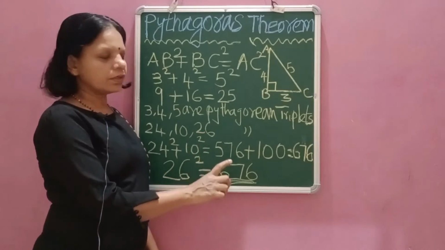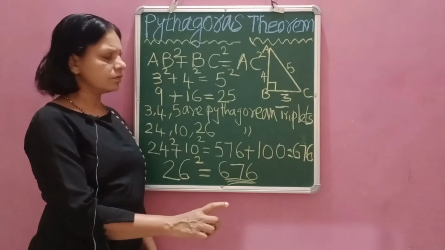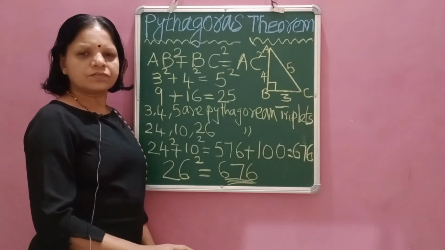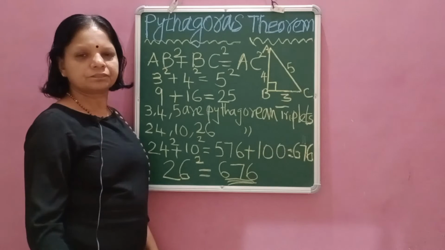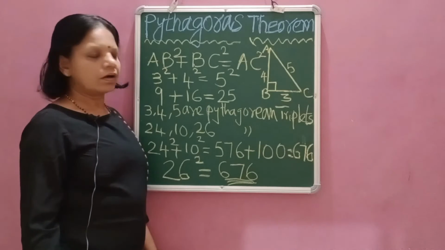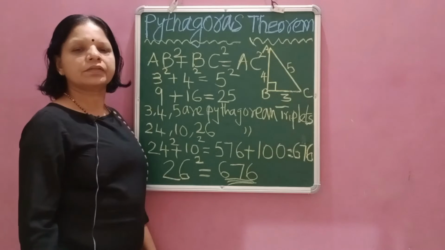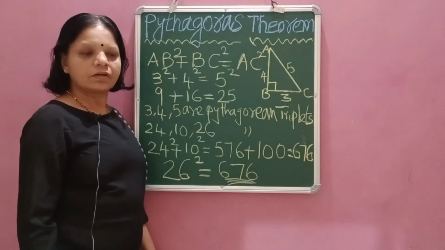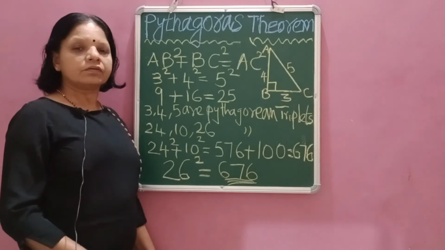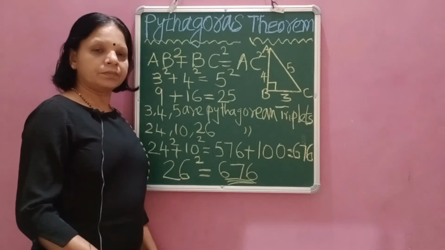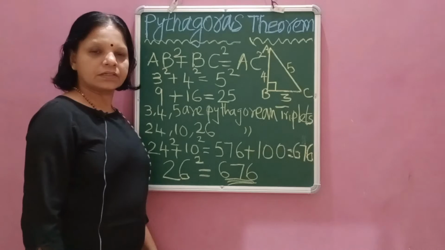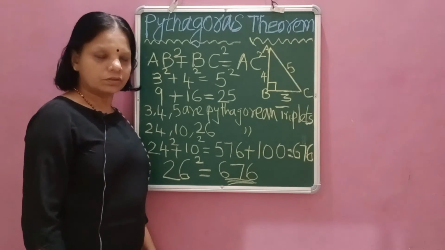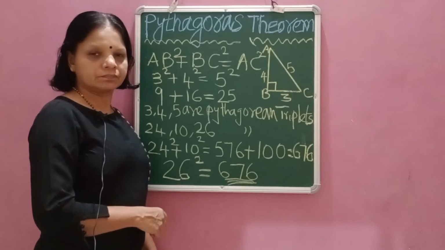So what are Pythagorean triplets? Length of the sides forming right angle triangle are called Pythagorean triplets. You can check whether a group of three numbers form the sides of right angle triangle or not using Pythagoras theorem.